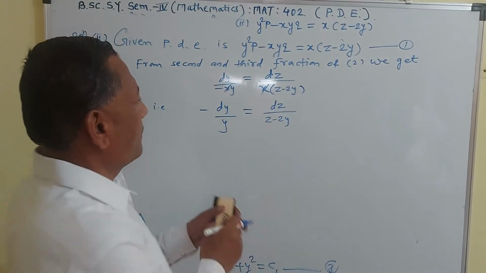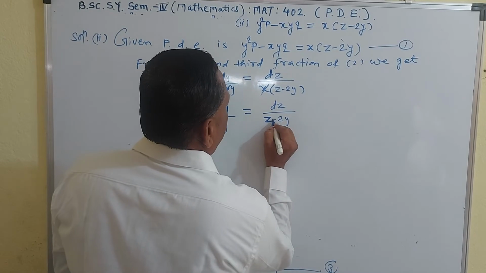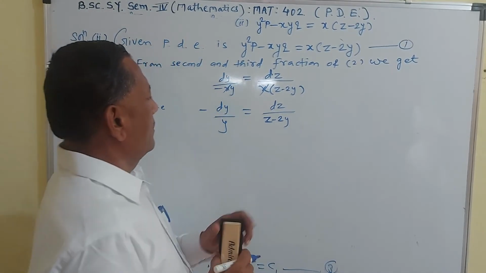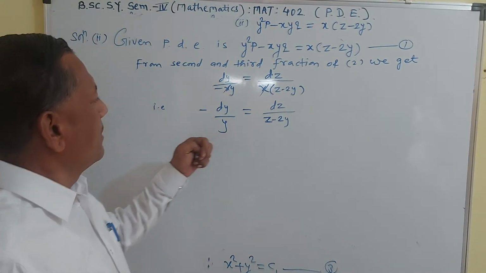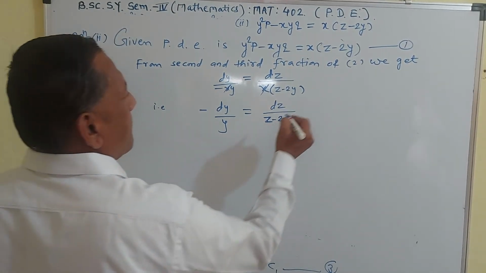Now here, because of z − 2y, you cannot separate the variables.